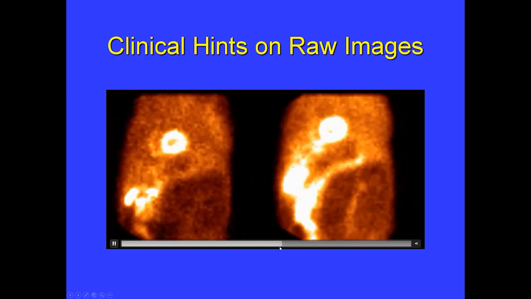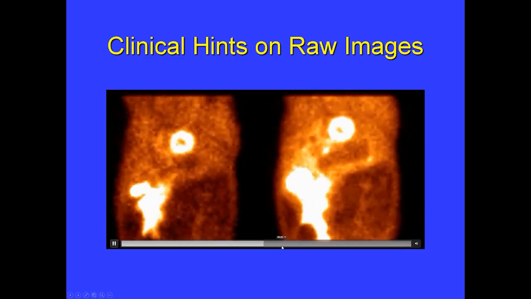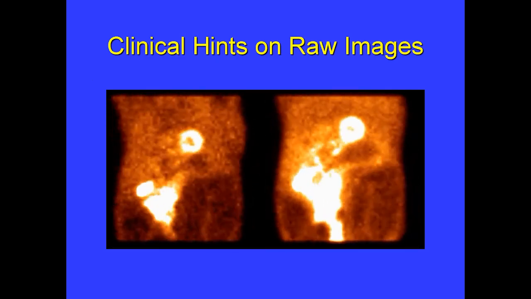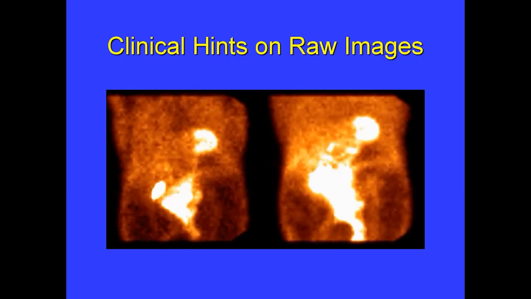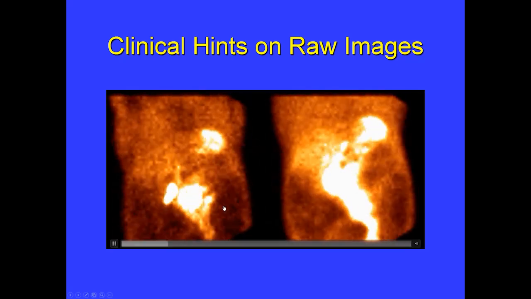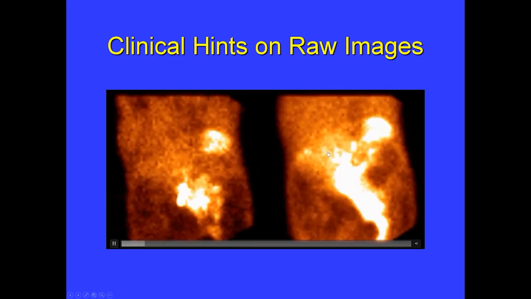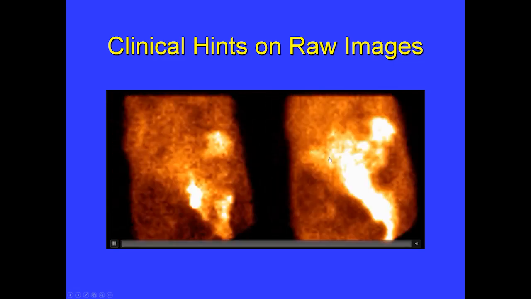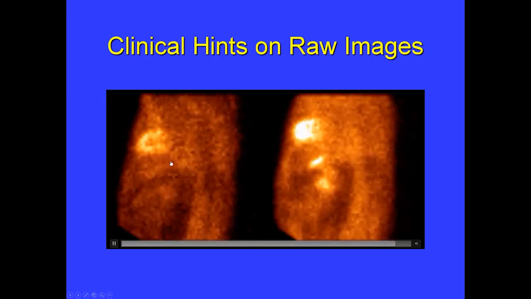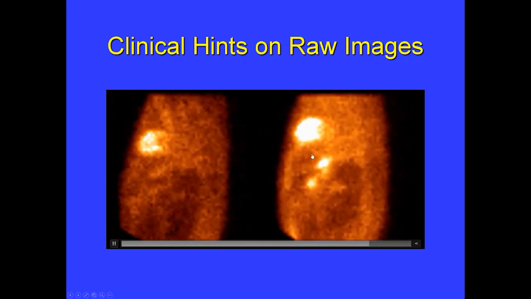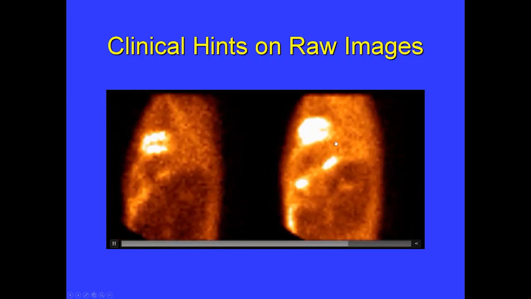So, for example, here's a scan that you can see. This is the raw images, the spinning images, where we can see that this patient actually has a photopenic area right under here, under the myocardium, and that's due to air in the stomach. Why that can be potentially significant is that air in the stomach will push up the diaphragm and therefore increase diaphragmatic attenuation.